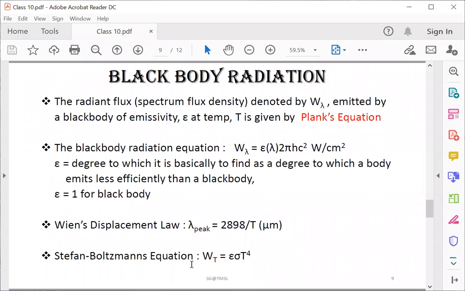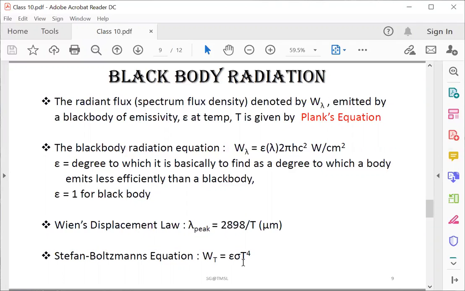Another very important equation is the Stefan-Boltzmann equation. If you heat a body of temperature T, it emits certain radiation, and the radiation flux emitted from the body, WT, is given by epsilon sigma T to the power 4, where T is the temperature, sigma is the Stefan-Boltzmann constant, and epsilon is the emissivity.